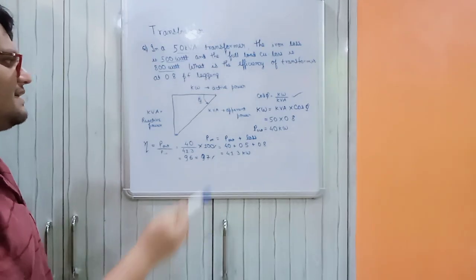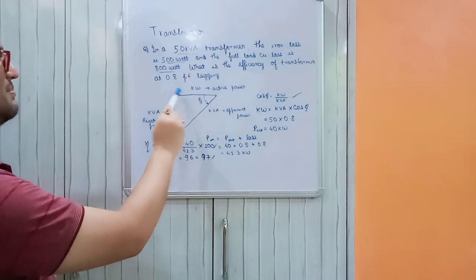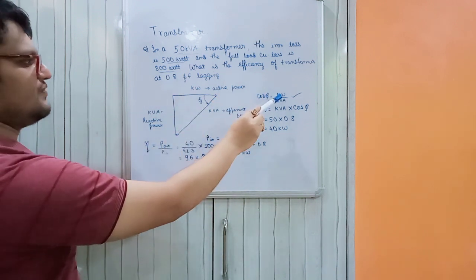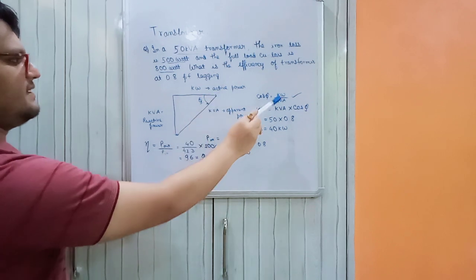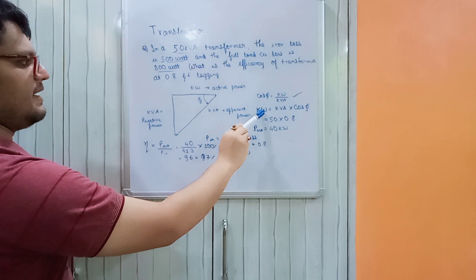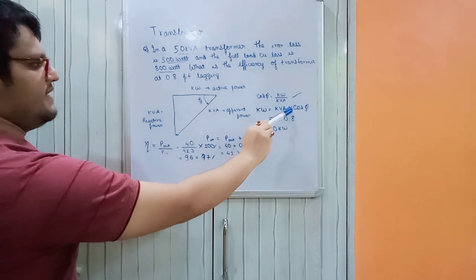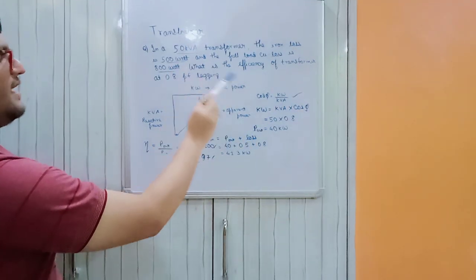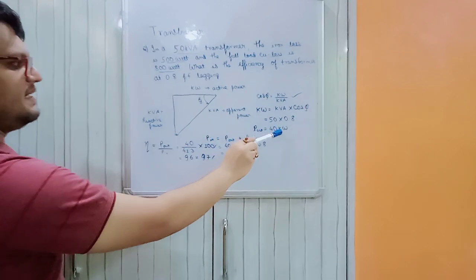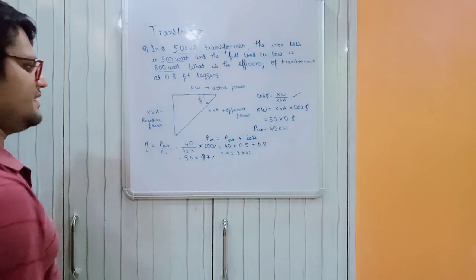Let me give a short description. This is the active power, this is the reactive power, and this is the apparent power, and this is cos phi. Cos phi is the power factor, kilowatt, active power by apparent power. Now kilowatt is equal to kVA into cos phi, so the output power is 40 kilowatt.